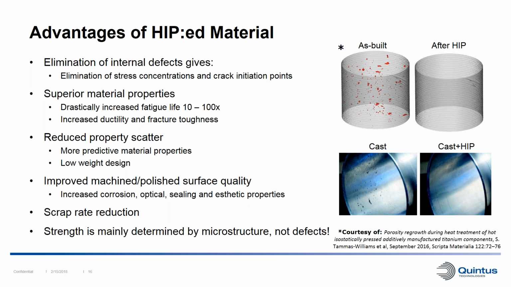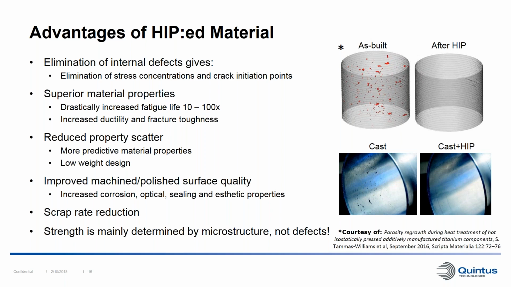Especially for the fatigue properties, we often see an improvement of 10 to 100 times. We also get an increased ductility and fracture toughness. And since we're removing randomly distributed defects in the material, we normally see a reduced scatter in the properties.